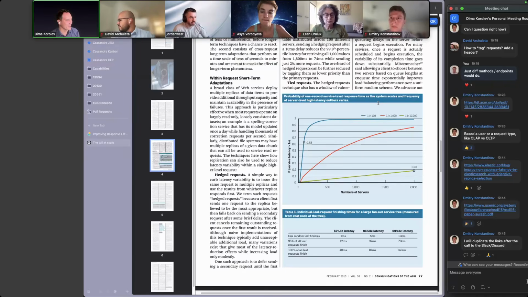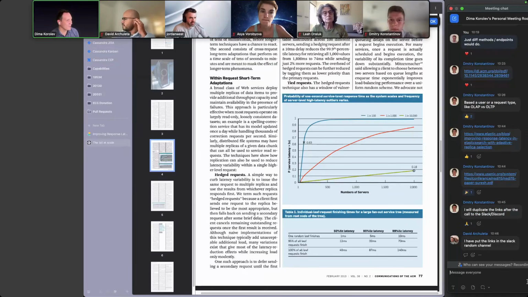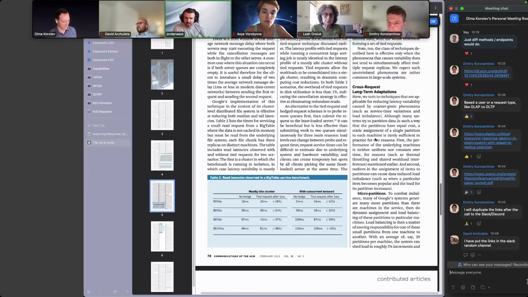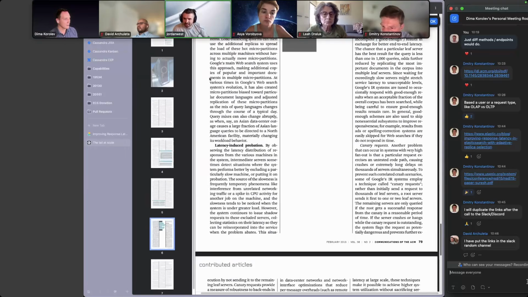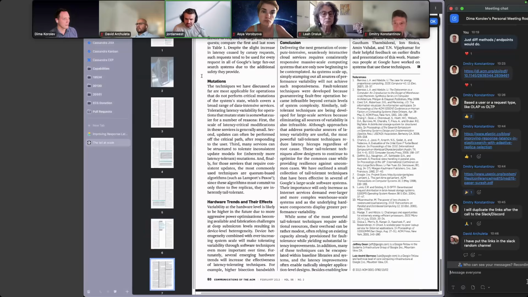A real quick comment must be made here. We're only talking about read requests here, or at least idempotent requests. If it's a mutation request, you're not supposed to do it because you'll ultimately do double, triple the work. Yeah, and you'll see in the paper, they basically say, what about mutations? And they give you a paragraph about it.